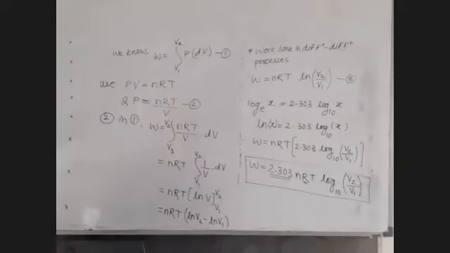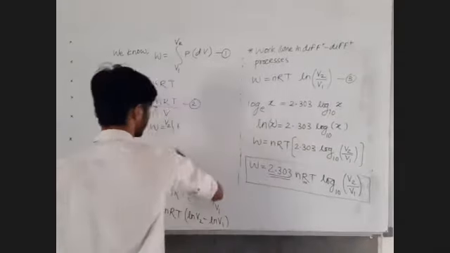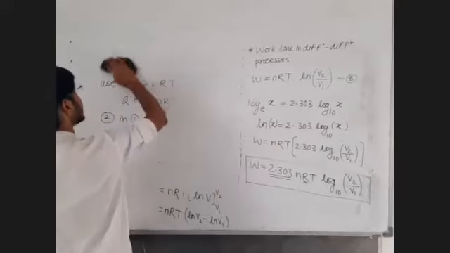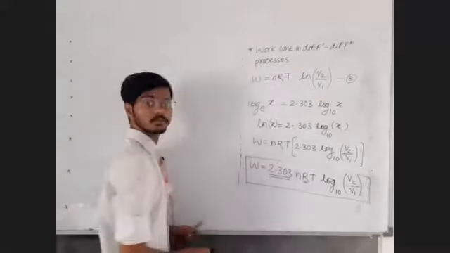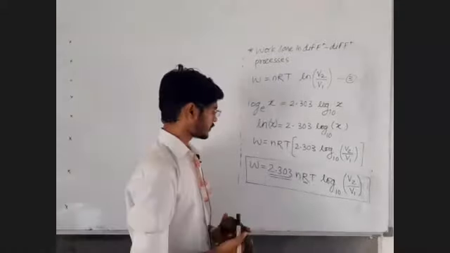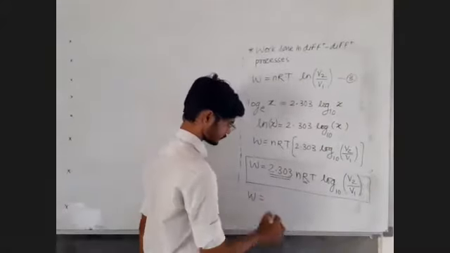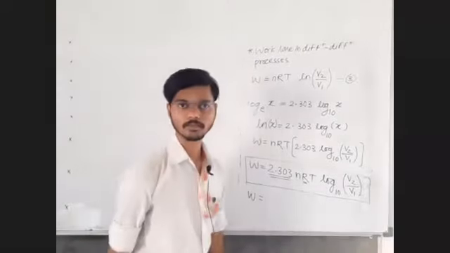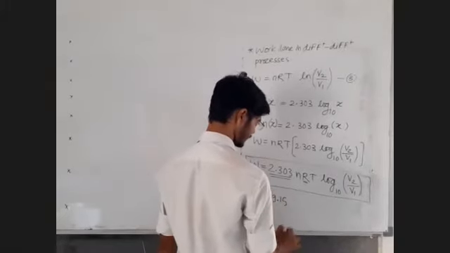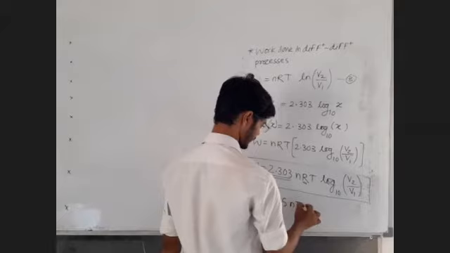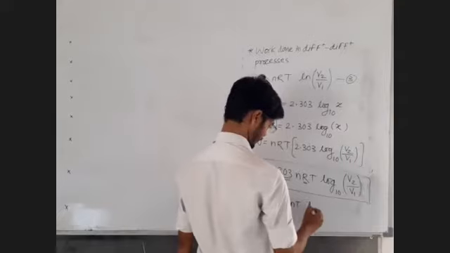Take r as 8.314 and let me know the exact answer to 2 or 3 decimal places. 8.314 into 2.303, what is that? 19.15, that's it. 19.15.